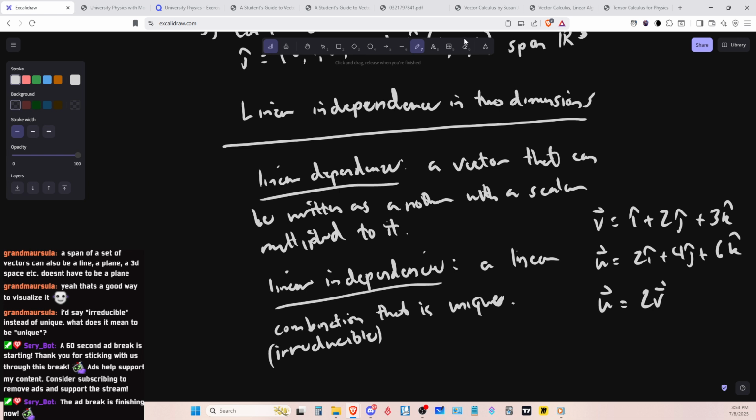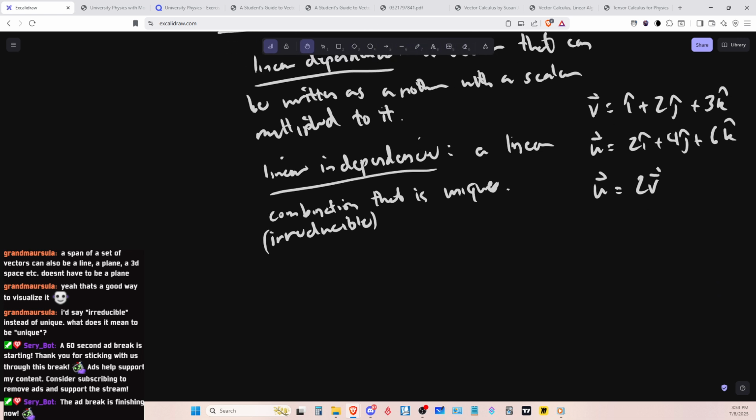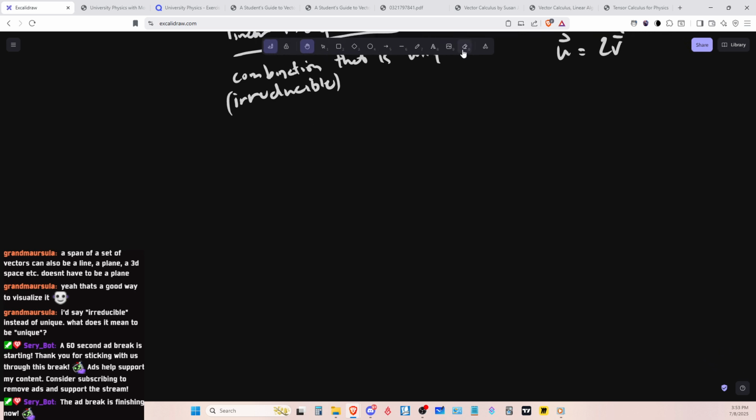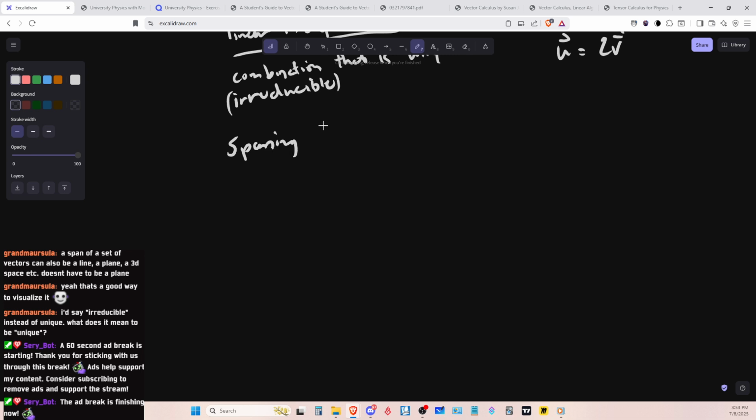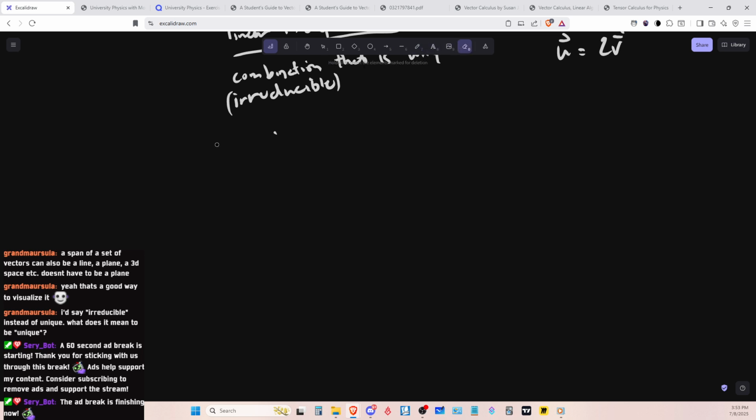Now they're talking about spanning. Right here. Spanning. Well, actually, I should rewrite that. That doesn't look legible at all.